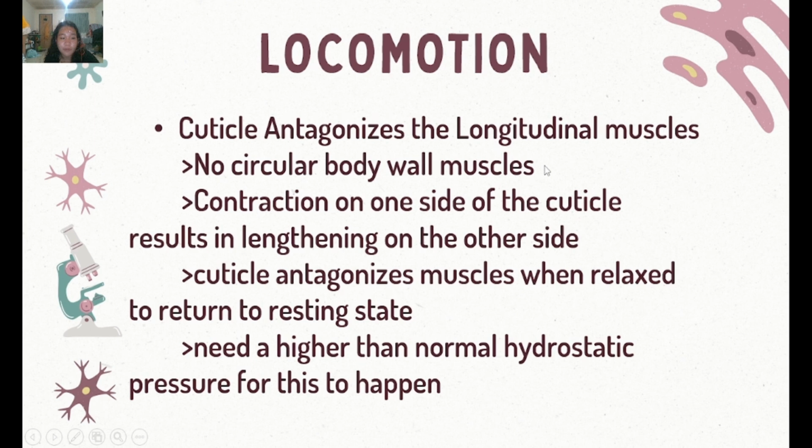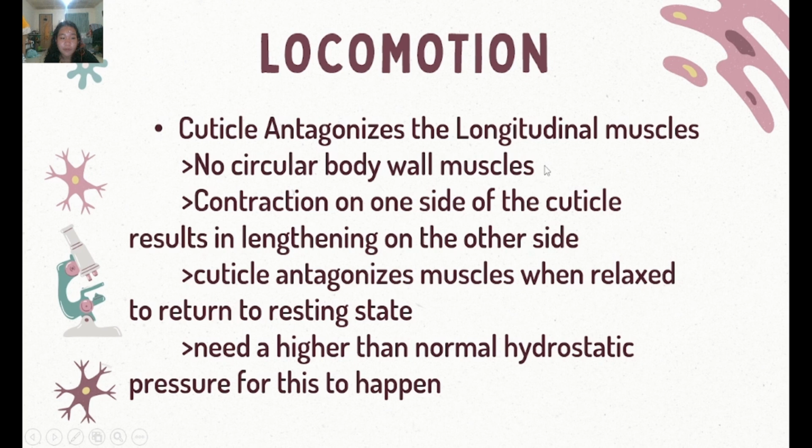Okay, how do we get the organism to return to its place? Like, how does it return? Here is the picture. So when we do it using the cuticle, which is made of collagen, it is sturdy, but it is elastic.